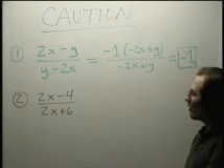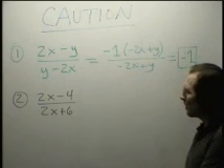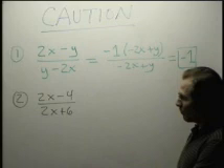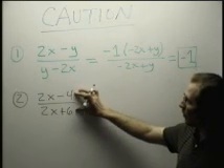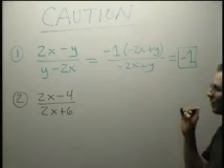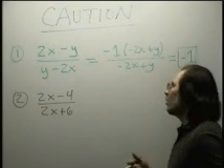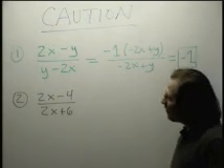Back to our first example, 2x minus 4 over 2x plus 6. What we did to solve that, or to write this in lowest terms, is we factored a 2 out of each one. Then we were able to divide out the 2's because they were a common factor. But some might look at this and say, well, wait a second.